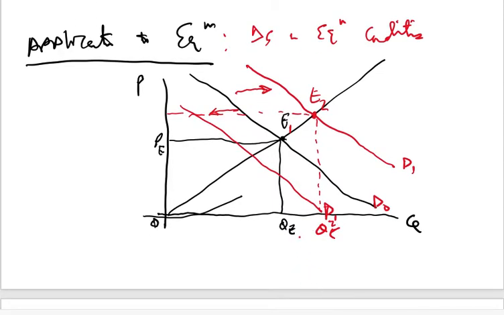Let's call this E1 maybe, E0, something like that. So this is the new equilibrium. While if we have this leftward shift, then we know that this will be the new equilibrium now, because we trace the equilibrium where there is an intersection with the supply curve.